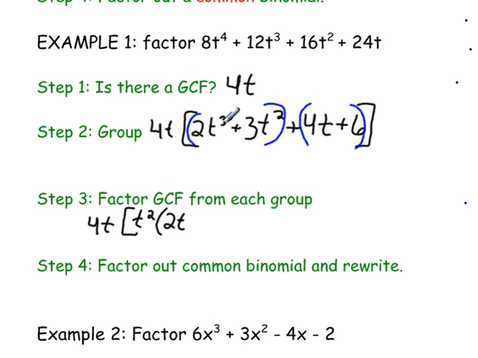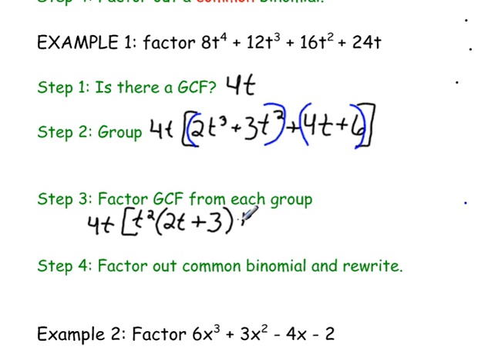And factoring is basically division. And when you're dividing bases with exponents, remember you are subtracting the exponents there. So 3 minus 2 left us with a 1, which we leave as an understood 1 there. Factor out t squared from 3t squared leaves us with just simply the 3. Okay.